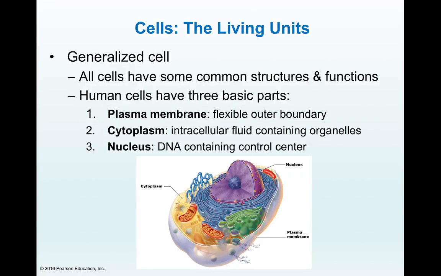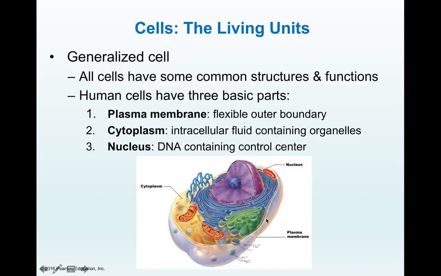Now, when we talk about the definition of the cell, an easy way to describe a cell would be the smallest functional unit of a living organism. When we look at a cell, we can break it down into three basic parts. The plasma membrane, which sets up the boundary for your cell, and you can see it as this line going around.